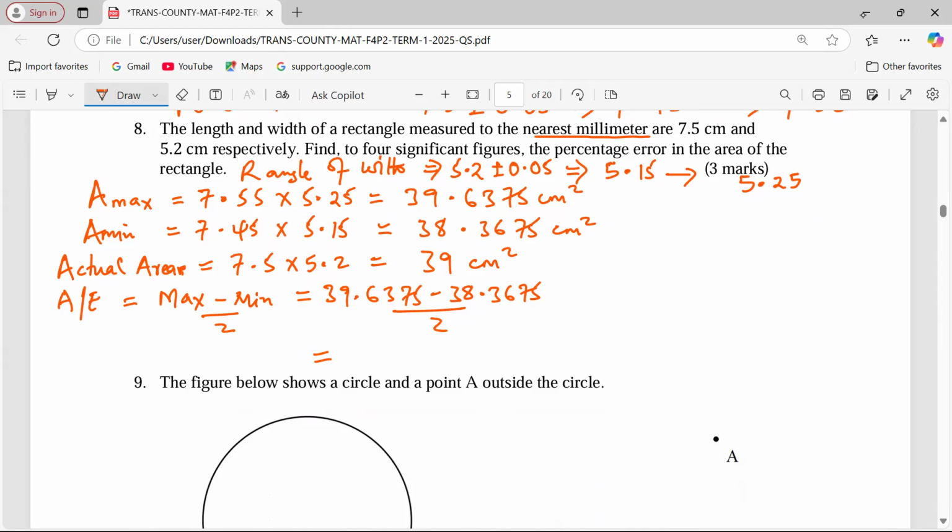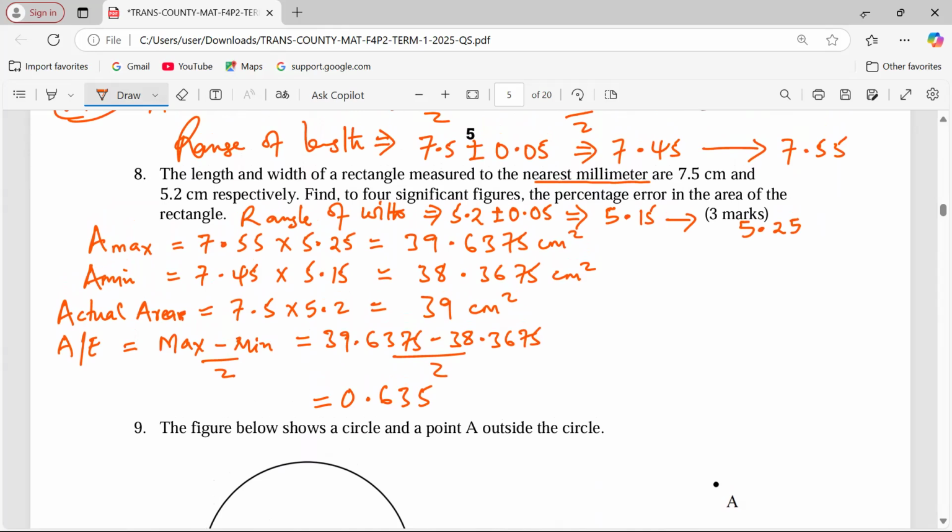Let's check what we will get as the absolute error. 39.6375, then I subtract 38.3675, then I divide this by 2. I'm getting 0.635. That is called absolute error. Maximum minus minimum out of 2.